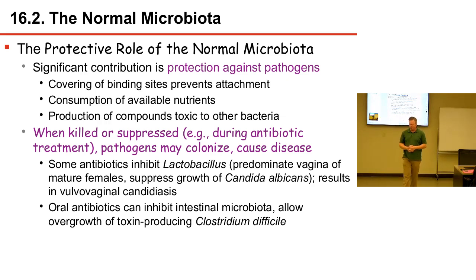It could be in the form of some of the stuff we talked about before, like the reactive oxidative species, producing hydrogen peroxide or superoxide, some of these other chemicals that maybe they're able to handle, but other microbes wouldn't be able to. When killed or suppressed, pathogens may colonize.